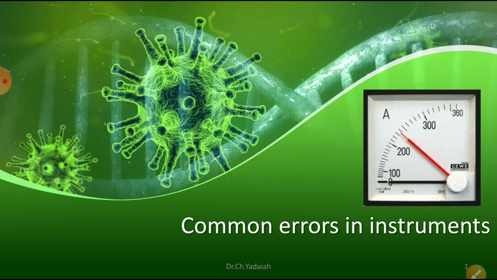Now we know that when these meters perform perfectly they give accurate readings, but they have some errors during their working time. What are the common errors in instruments? Let us concentrate on that one.